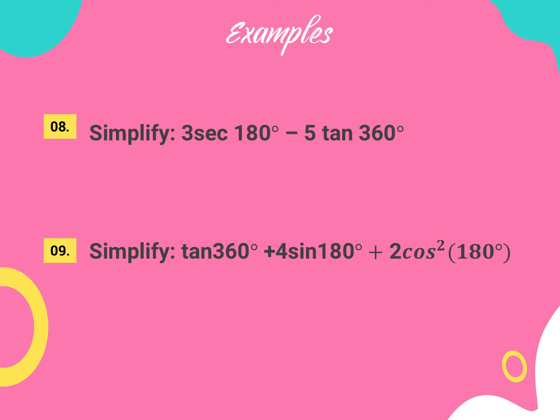So what I'm going to be doing here is using those quadrant angles, I'm going to figure out what the secant of 180 is and the tangent of 360, and then go back and multiply. Now, I just did all the 180s on the previous slide. Again, I can quickly review that with you.